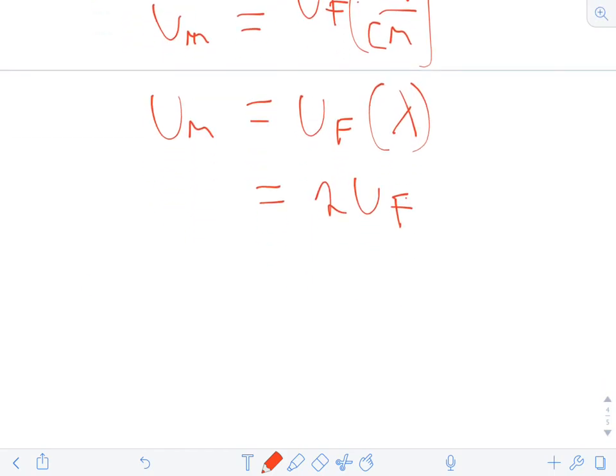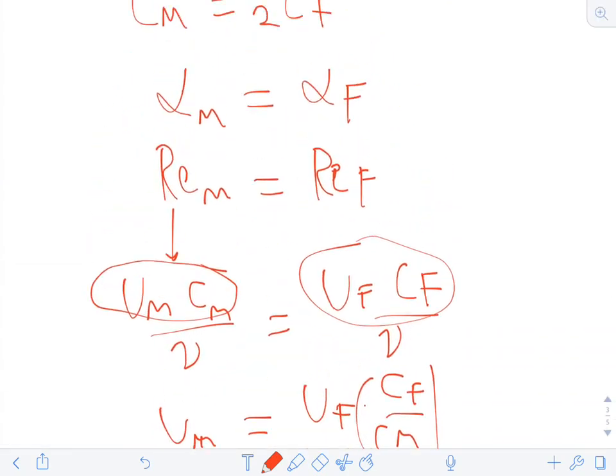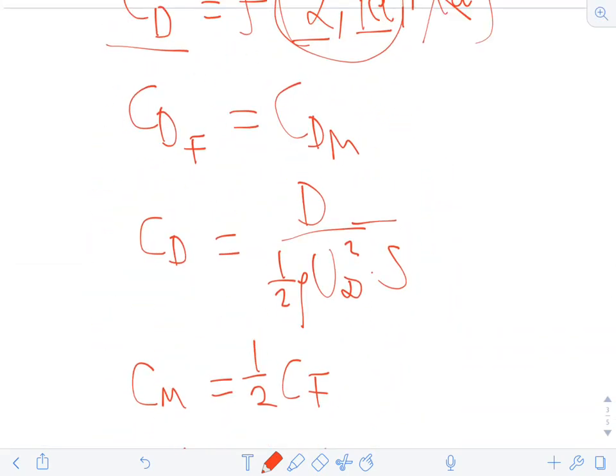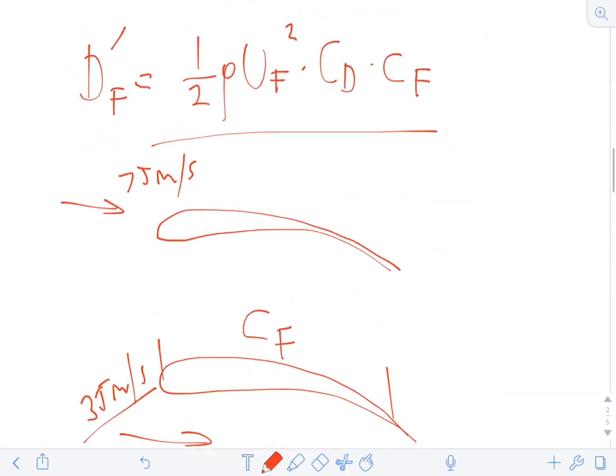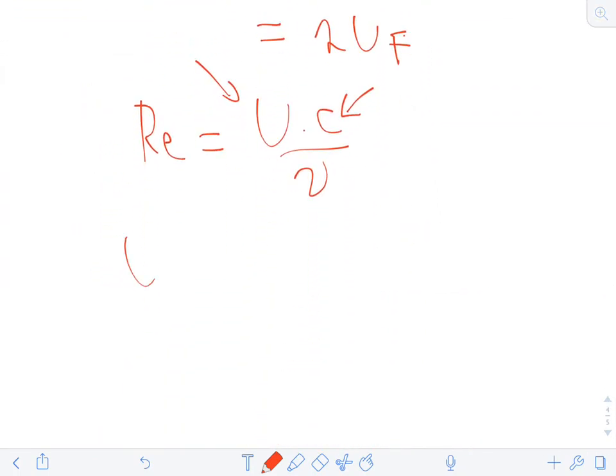Looking at the definition of the Reynolds number again, a velocity scale times a length scale divided by a kinematic viscosity scale. If kinematic viscosity is fixed and you reduce the chord, then you're going to have to increase the velocity. So in the tunnel, what was my original velocity? 35 meters per second full scale, so the tunnel velocity is going to be 70 meters per second.